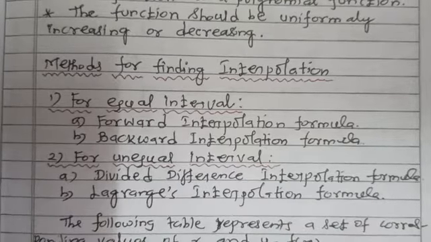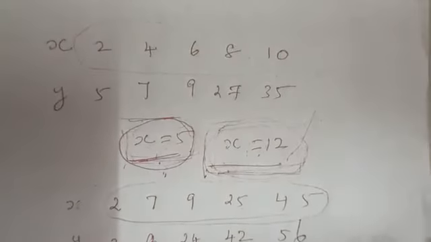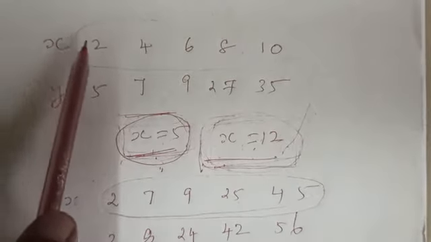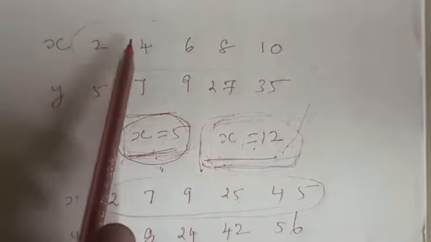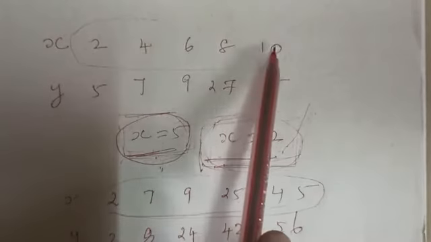Now we will discuss what is meant by equal intervals and unequal intervals. We can take the same example. Here the given x values x0, x1, x2, x3, x4 are from 2 to 10. Here the x value is gradually increasing. The difference between two values is 2.